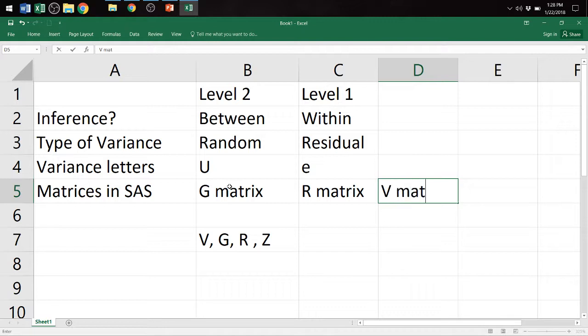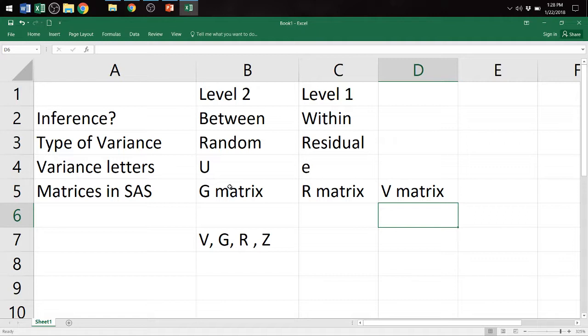So what is that Z thing then that I put in my list? I don't normally talk about that. Z is what SAS calls the variables, the predictors that have random effects. So it's a matrix that holds the values of the predictors that have random effects.